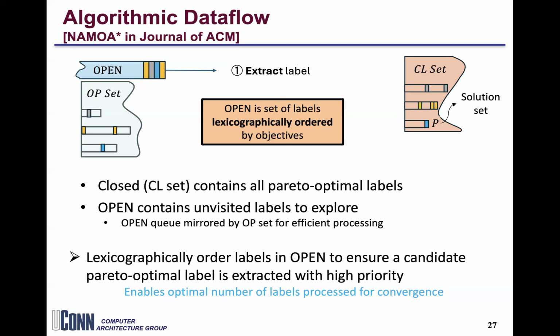You take the first objective and then the next objective and the next, and that's how you create a lexicographical priority. This ensures that we are extracting a Pareto optimal label for processing at any given time. And that enables an optimal number of labels to process to come to the conclusion where we're going to find our Pareto frontiers. Clear? Okay.